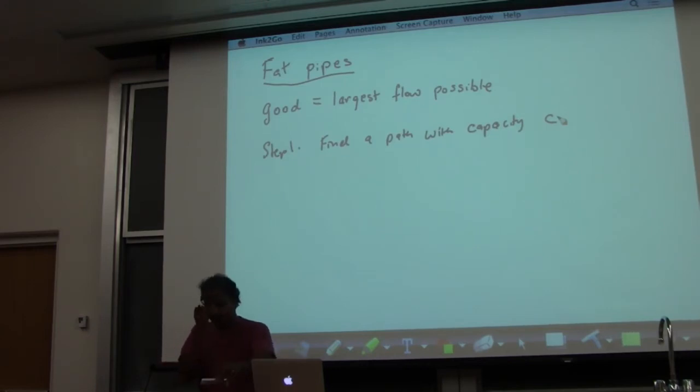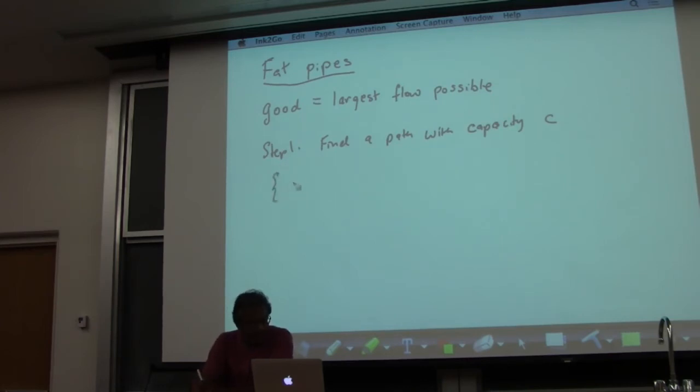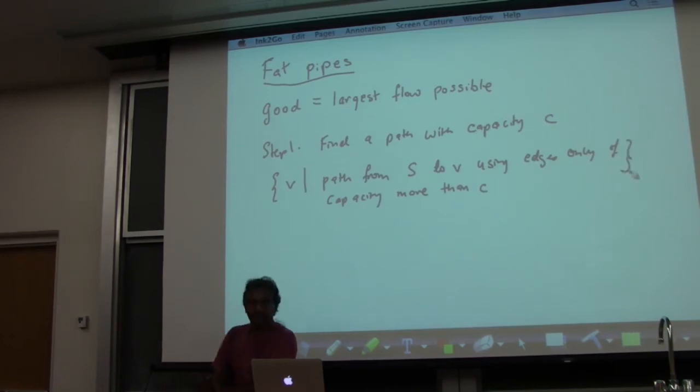Okay. So let's compute a cut. Let's compute the set of all V such that there's a path from S to V using edges only of capacity more than C. Okay.